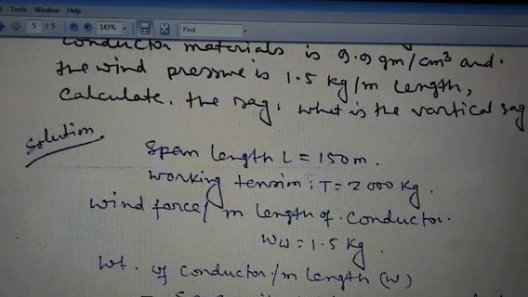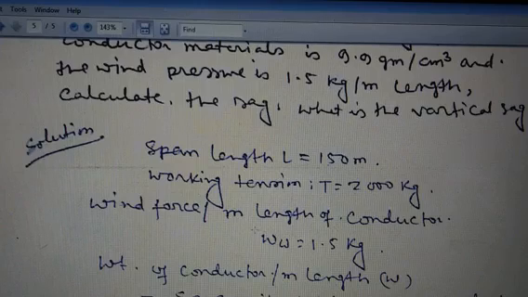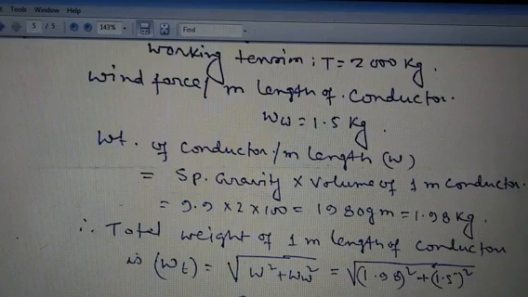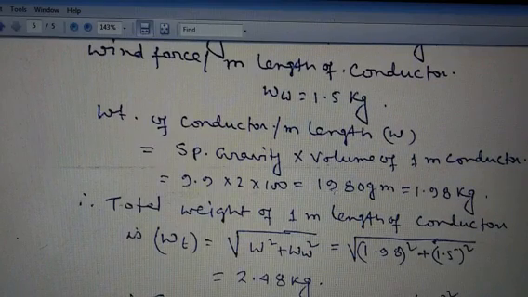According to the problem, the span length is 150 meters, the working tension T equals 2000 kg, and the wind force per meter length of the conductor is Ww equals 1.5 kg. Now the weight of the conductor per meter length, W, equals the specific gravity into the volume of 1 meter of conductor, that is 9.9 into 2 into 100, which equals 1980 gram, that is 1.98 kg.